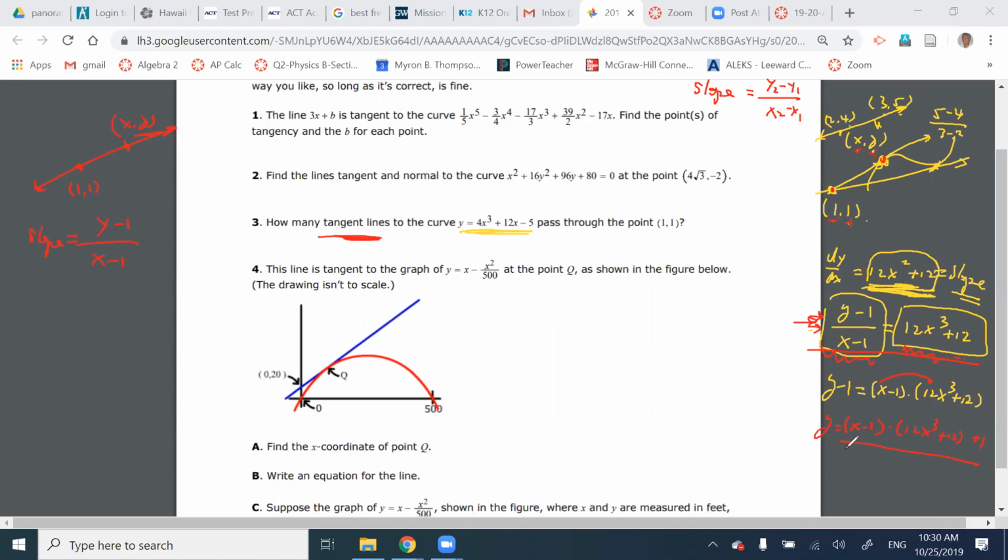If you want to find how many tangent lines, we got this one here, and x equals 1, 1 minus 1 is 0. So that means we gotta go by this x, y. So we just key in this function right now, okay? So we can get here.